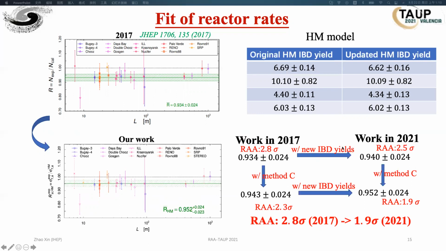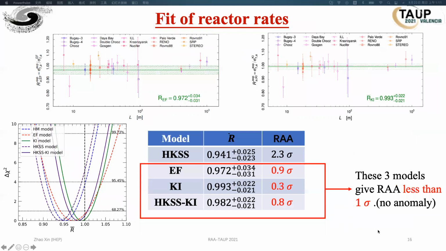With different IBD yields and different fitting methods, the RAA is decreasing from 2.8 sigma to 1.9 sigma for now. For the fitting results for other models, we can find the deviations of the EF model, HKI model and HKSS-KI model are less than 1 sigma, indicating no anomaly for these three models.